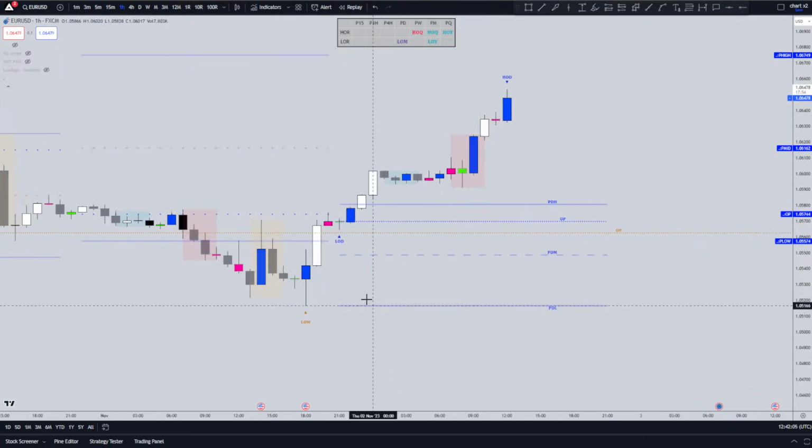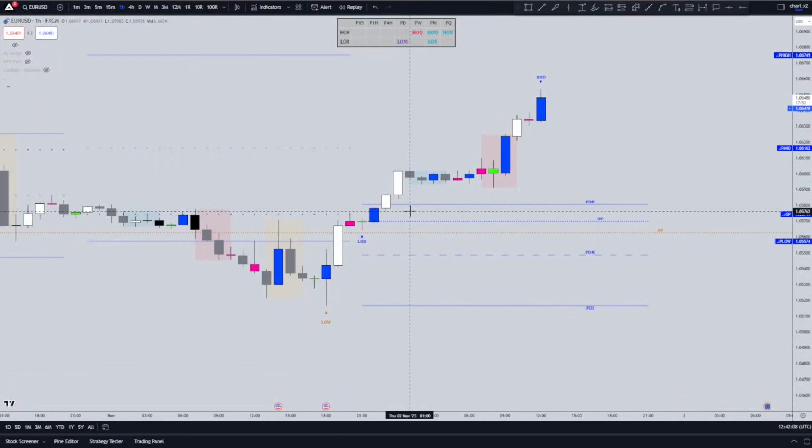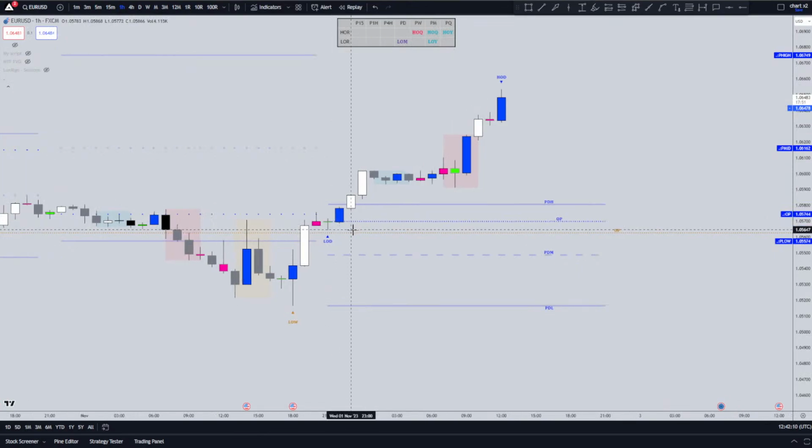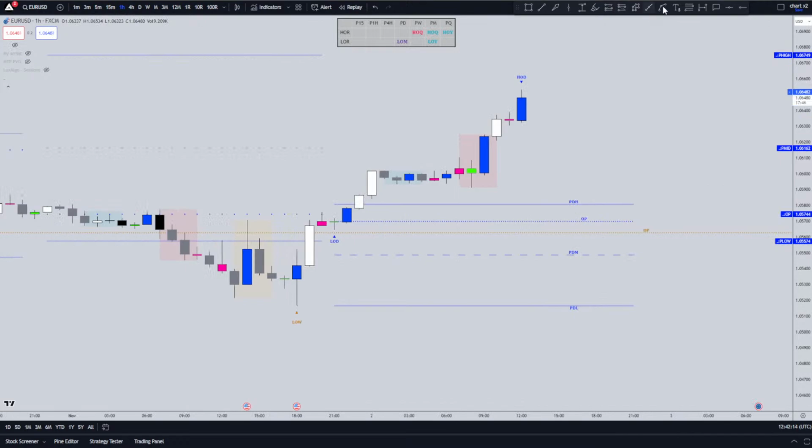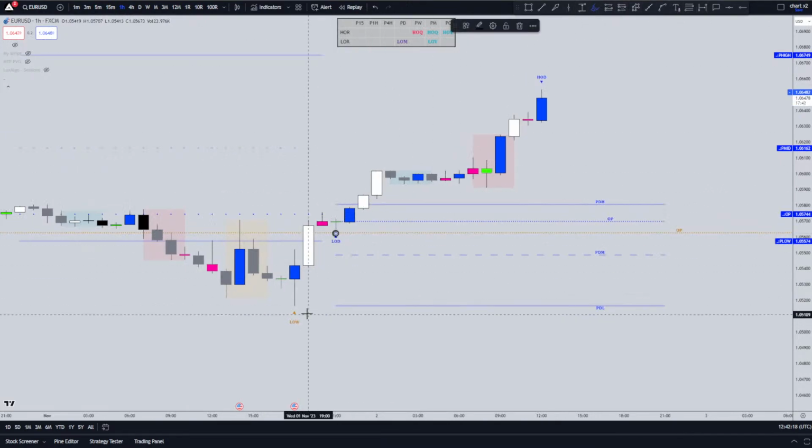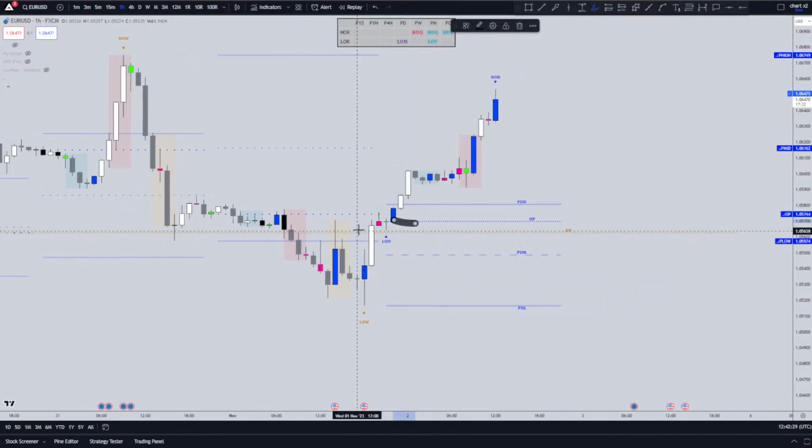Push lower and just continue, or reverse. If it reverses, what is it going to do? Either stop hunt and reverse, or respect and reverse. So the low of the day respects the low of the week. Yesterday we put the low in place in the low of the week, we put the low of the day. What does the open do? It holds the open, goes up, takes out this day's high.